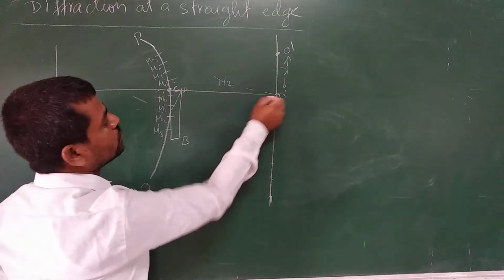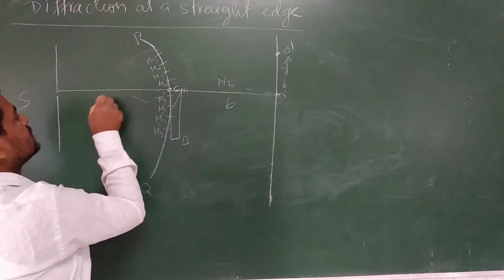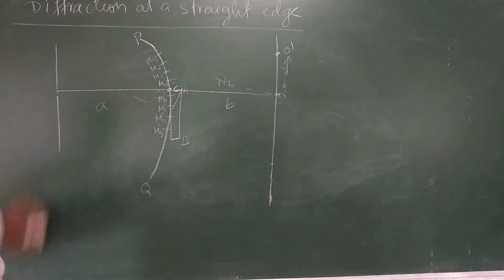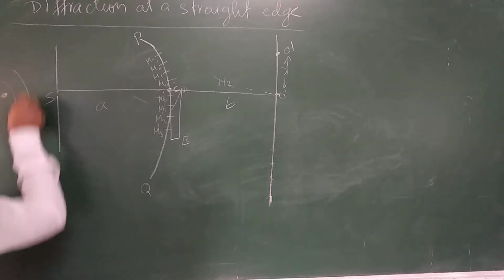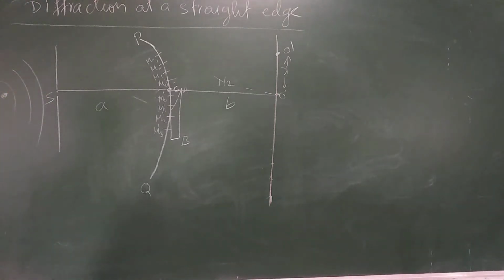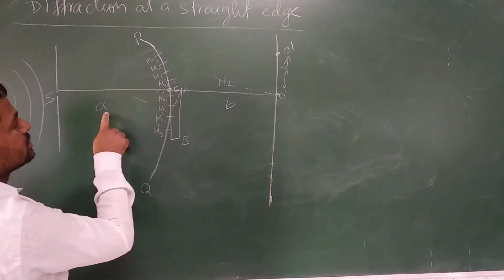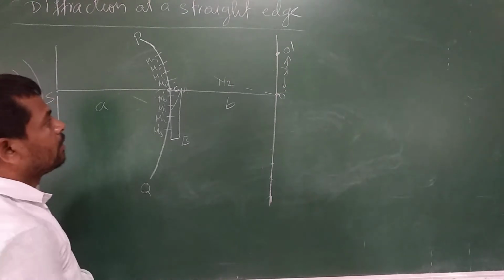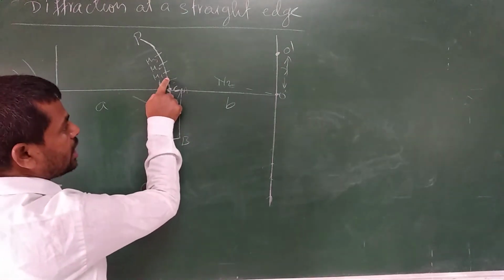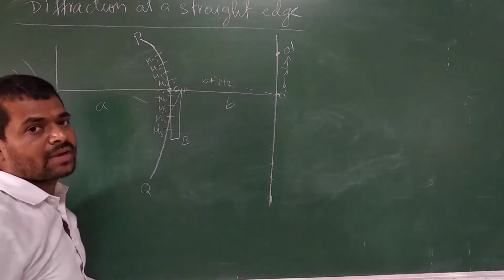From C to O, distance is B. From C to this point, distance is A. Let this side be the source, so it is S. The distance from S to C is A, C to O is B. But M naught to O is B plus lambda by 2.